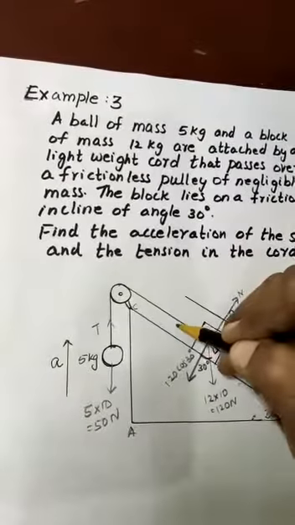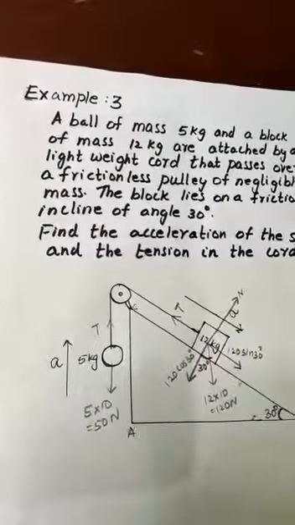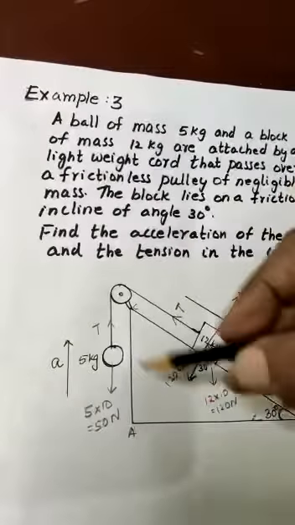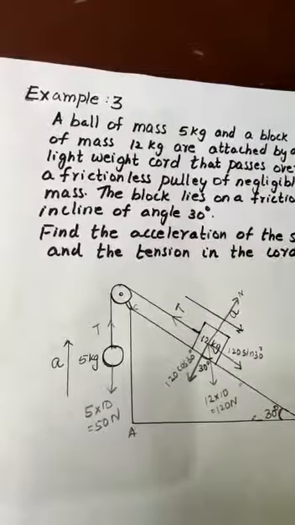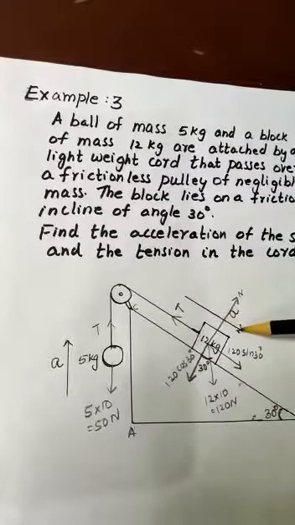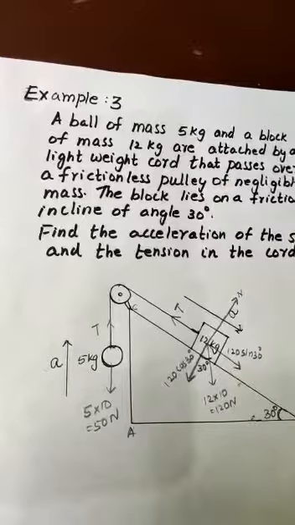Now there is the tension along the string. Since the block, or the whole system, is accelerating in this direction, you can see the direction here, the downward force is greater than the upward force.